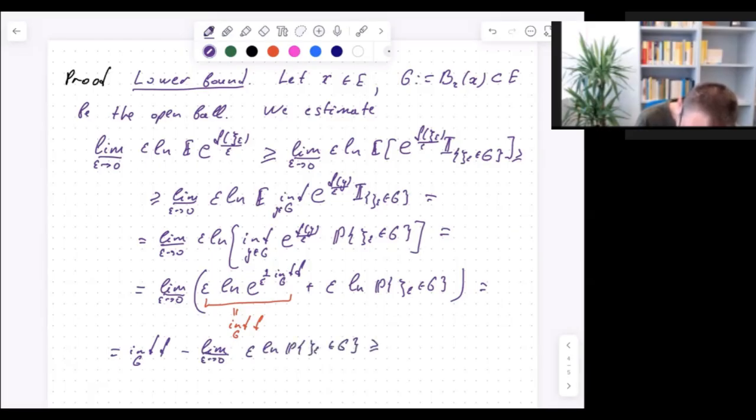But we know that psi epsilon satisfies the large deviation principle.